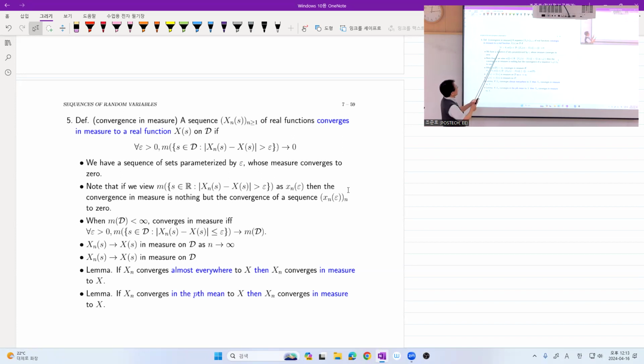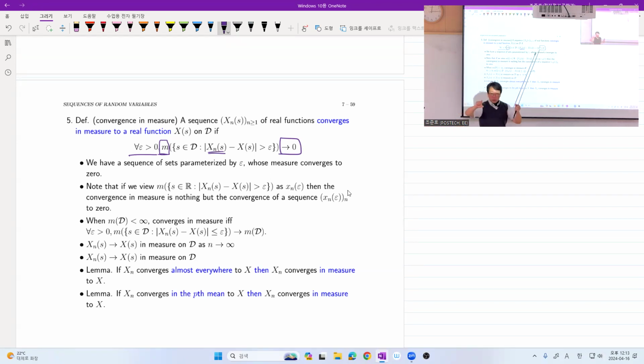As you see, we start with, for every epsilon positive, the measure, now because we have a sequence, tends to 0. So this definition involves a sequence of real numbers that is computed by measuring the set on which the limit function and the nth term have difference greater than epsilon.